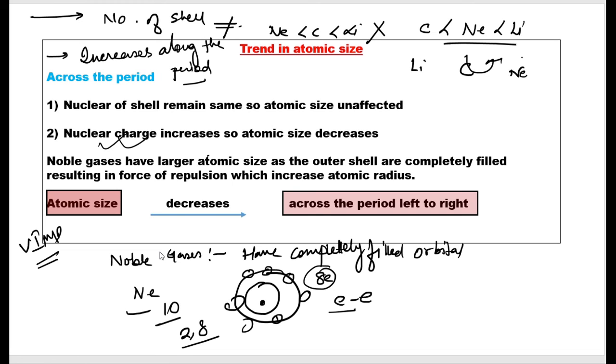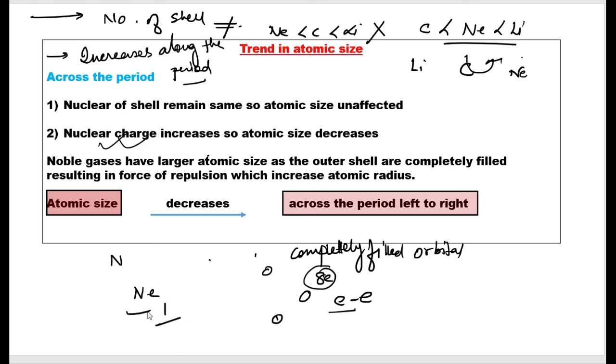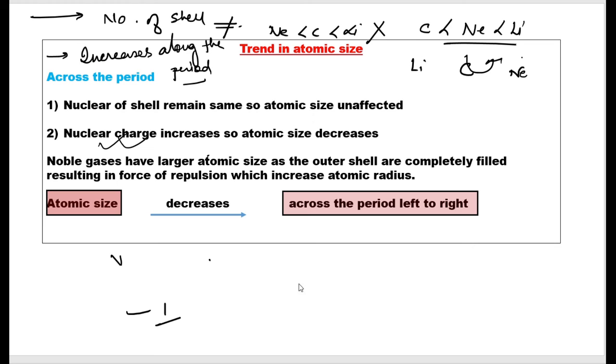So what is the trend across the period? In short, let's sum it up. Atomic size decreases across the period.